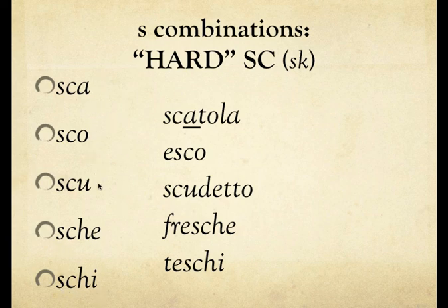Ska, sko, sku, ske, ski. You'll notice with our e and i, we need that H to make that hard sound, just like we did with ghe, ghi, che, chi. We need that H to make the k, the hard C sound, even with this S combination.